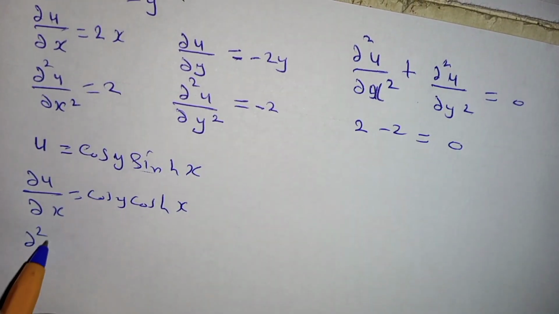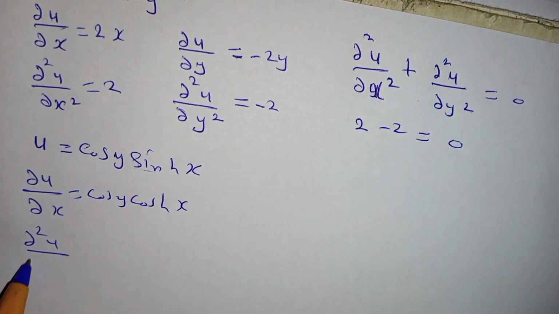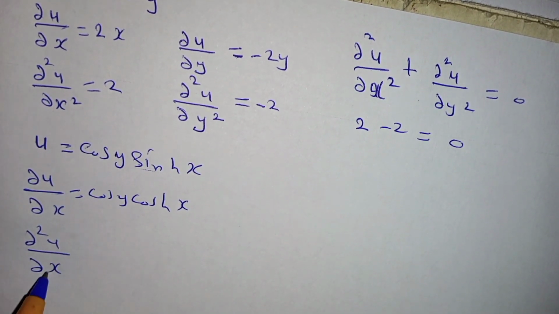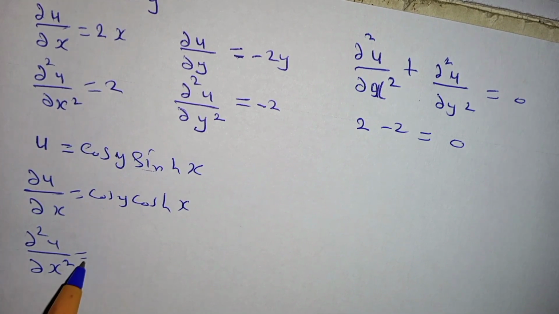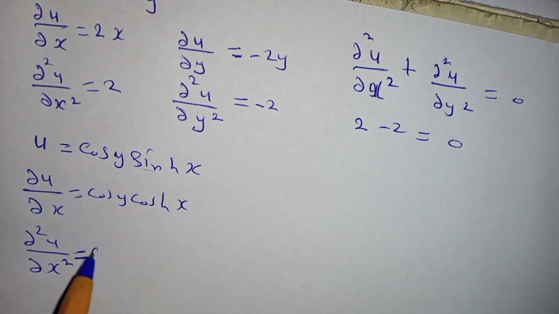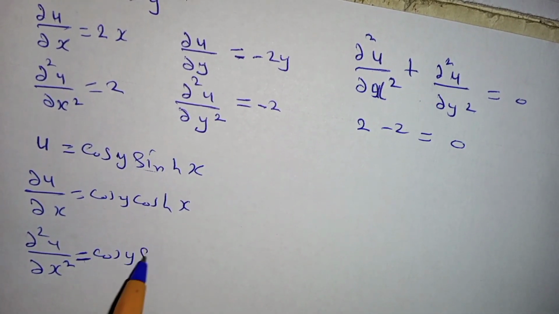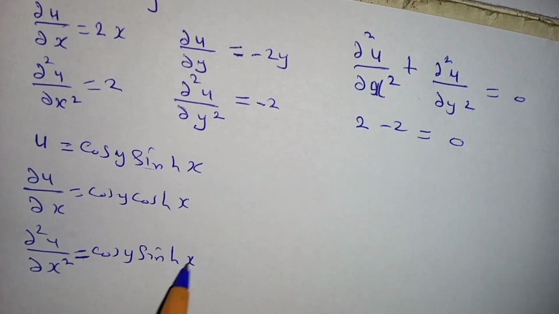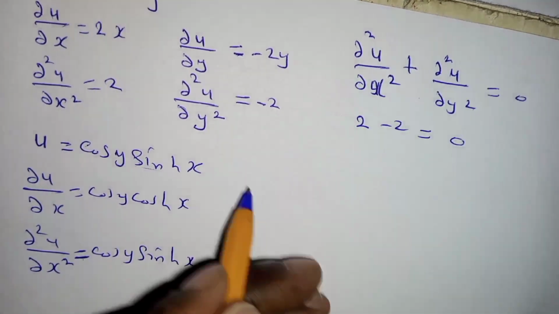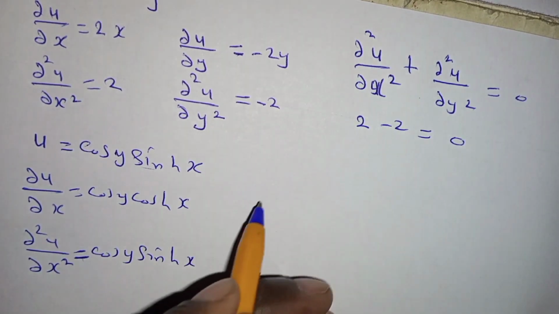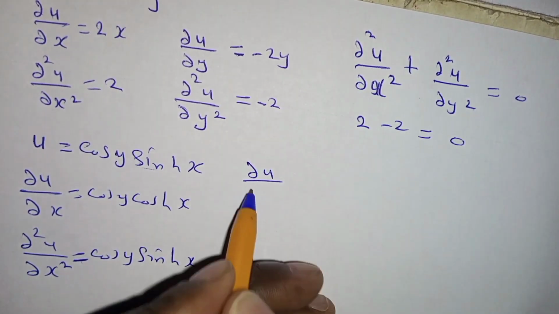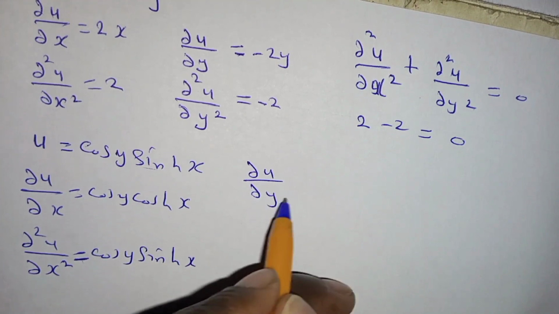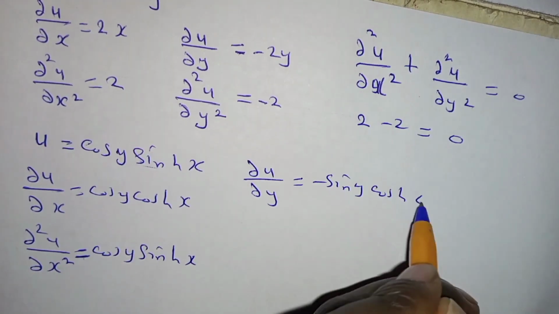Then the second derivative of u with respect to x will give you cos of y, hyperbolic sine of x. Then you could have the partial derivative of u with respect to y, which will give you negative sin of y, hyperbolic sine of x.